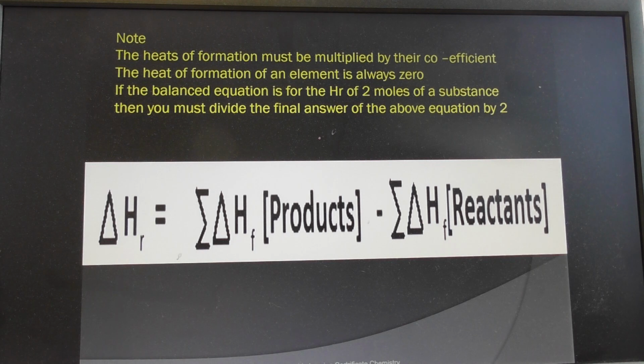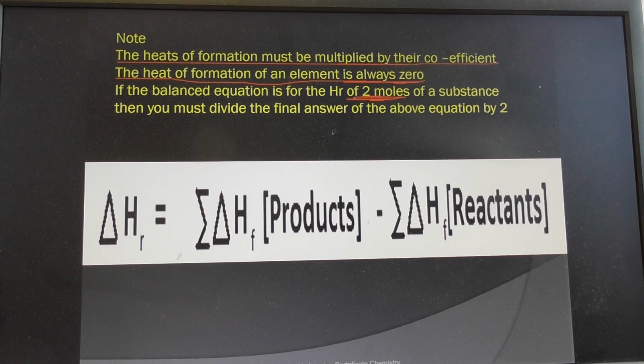Now just remember to multiply by the coefficient in each of the cases, but I'll show you in a calculation anyway. The heats of formation of any element on its own, don't forget that one, that's very important. Whether that's Ne, neon, or O2, O2 is still on its own. That's always 0. The balanced equation is for 2 moles.